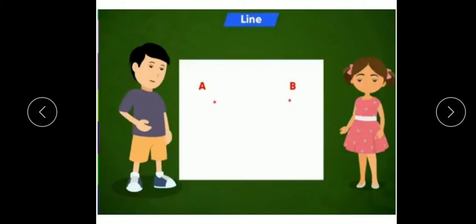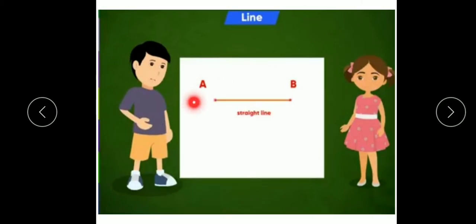We will give this the name AB. This is your straight line. We would call this line AB. So, a line is a path that joins 2 points.